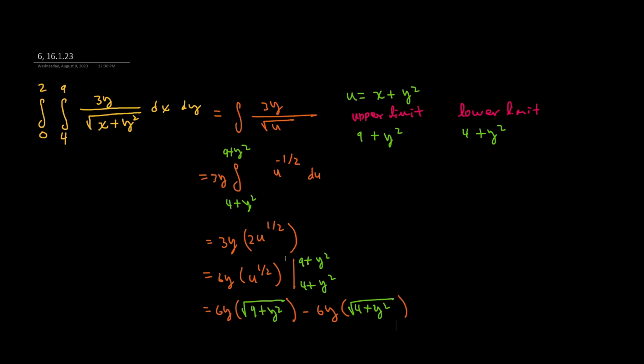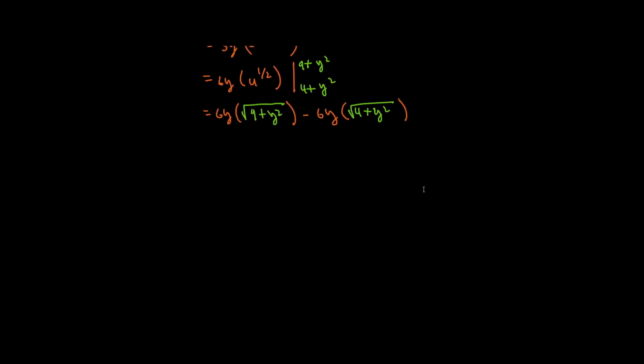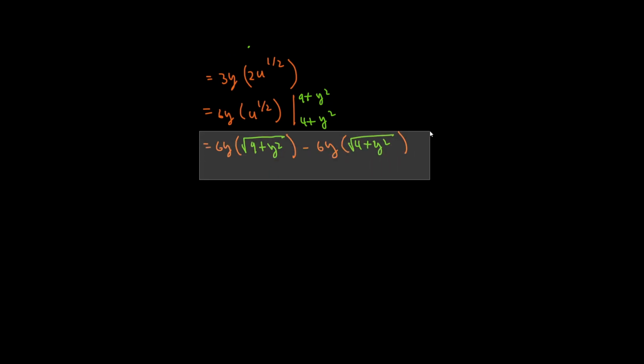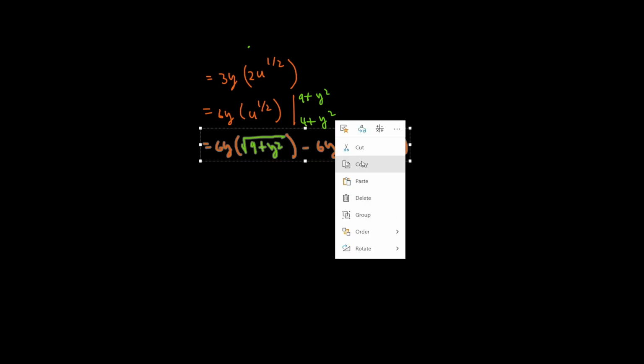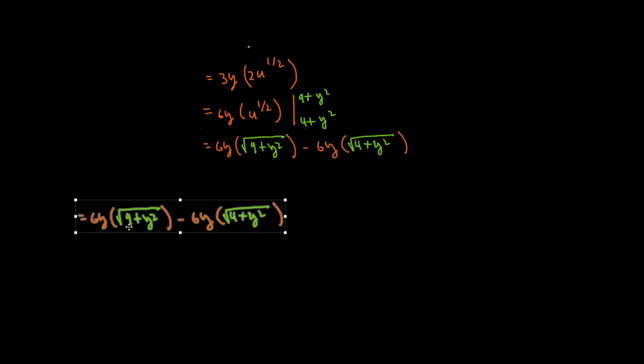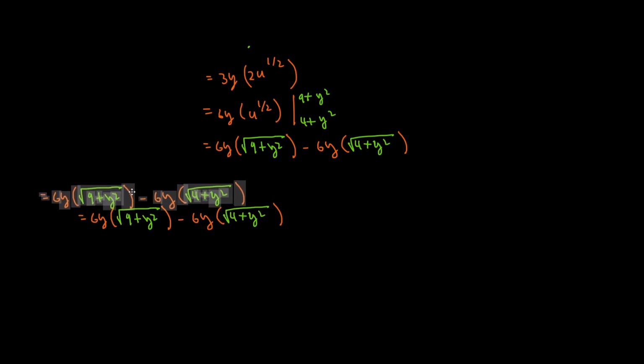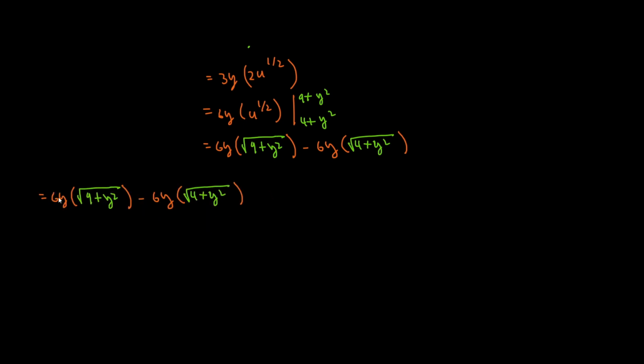Okay, so our new integral is going to be this whole thing down here. We're going to have to integrate all of this. I'm just going to rewrite this here, and this whole thing will be our new integral.